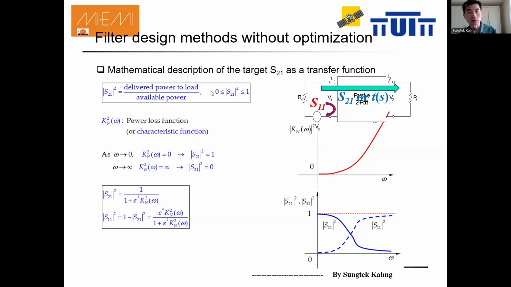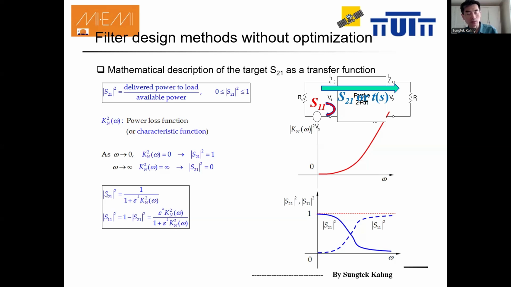Insertion method tells you how you can handle that. Kn is the function. They say this is insertion, and epsilon, but this doesn't mean permittivity. This is a kind of controlling coefficient. As I already told you, this definition is matched with the mathematical form, and you want to know this Kn square function.